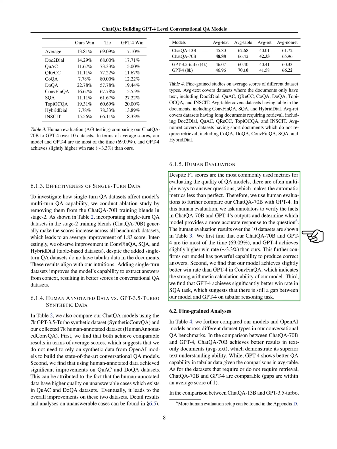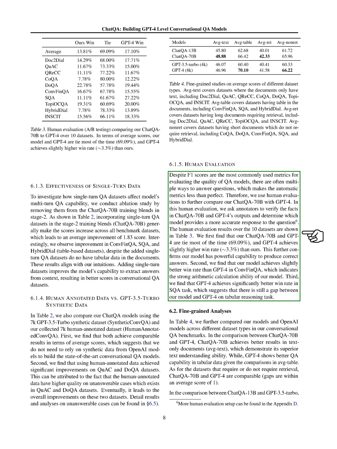While F1 scores are commonly used to evaluate the quality of QA models, they're not perfect because there are often multiple ways to answer questions. So, we also used human evaluations to compare our ChatQA 70b with GPT-4. We asked annotators to check the facts in the outputs of ChatQA 70b and GPT-4 and decide which model provided a more accurate response.